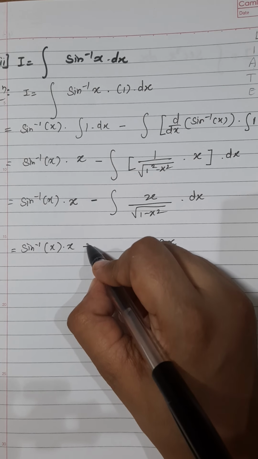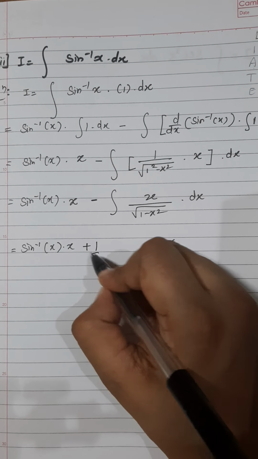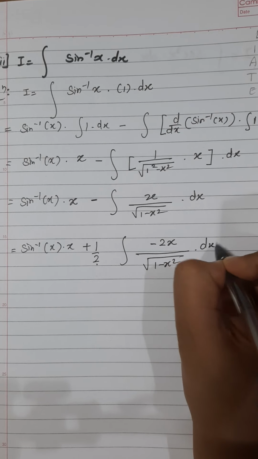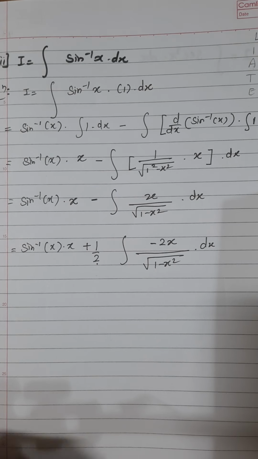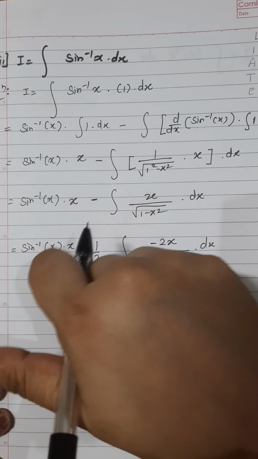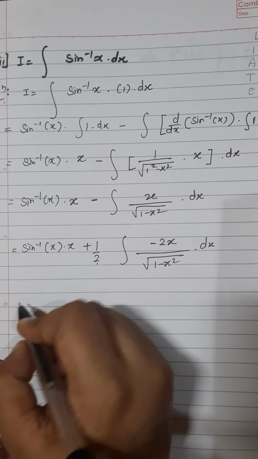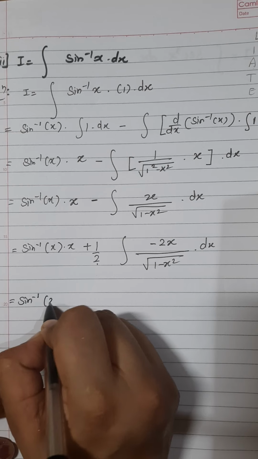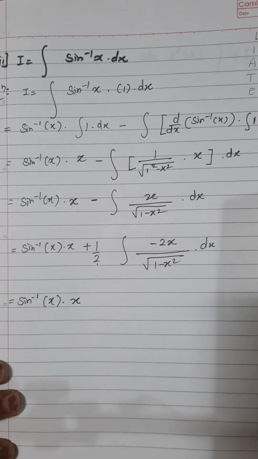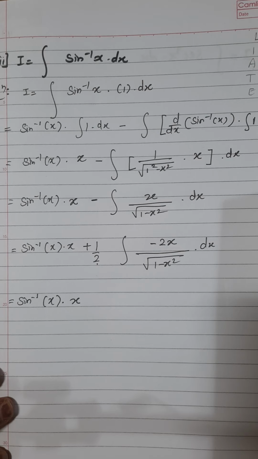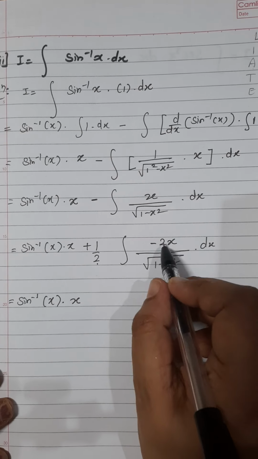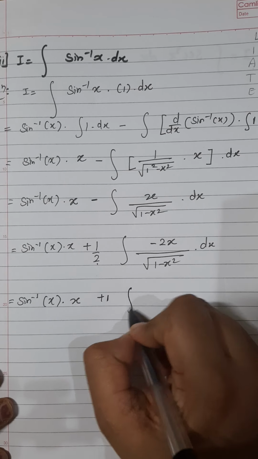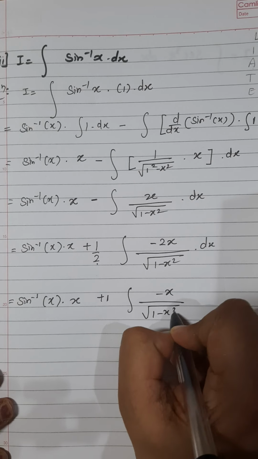Okay, so this will be plus, then minus minus plus, integration of minus 2x upon, that means I have multiplied this by minus 2 and this also by minus 2, both numerator and denominator are multiplied by minus 2. Right, now let's solve this further. Sine inverse x into x, and then this becomes minus 2 and 2 get cancelled, so 1 by 2 integration minus 2x upon 1 minus x square dx.